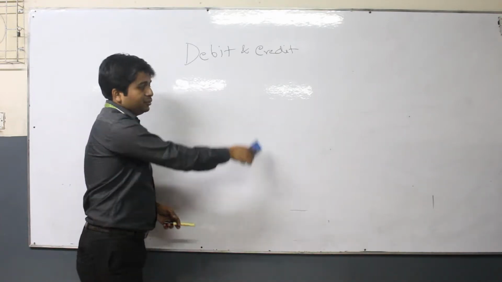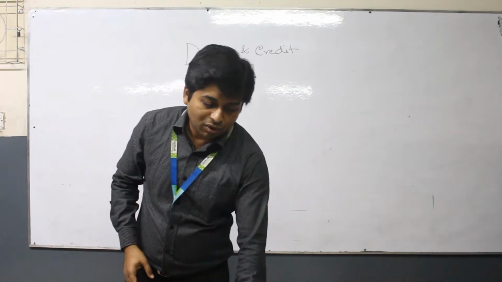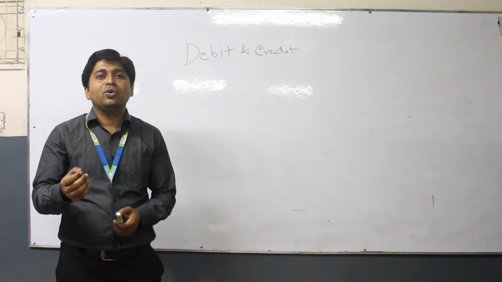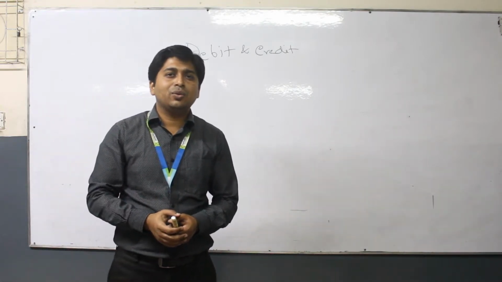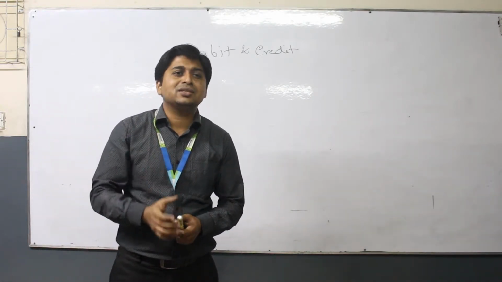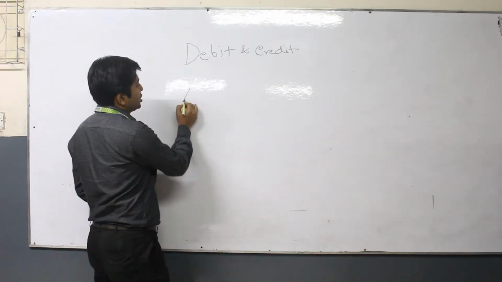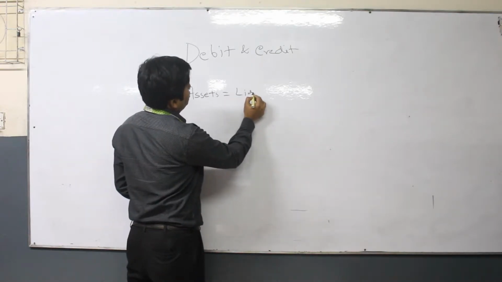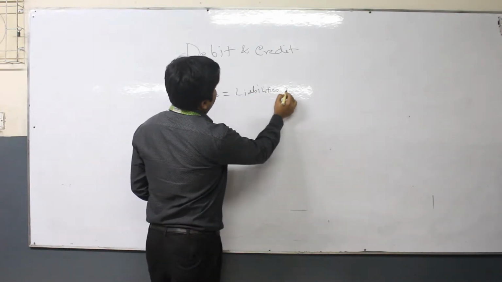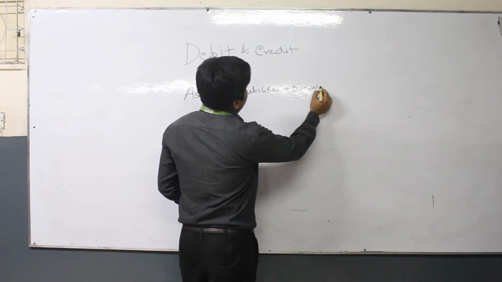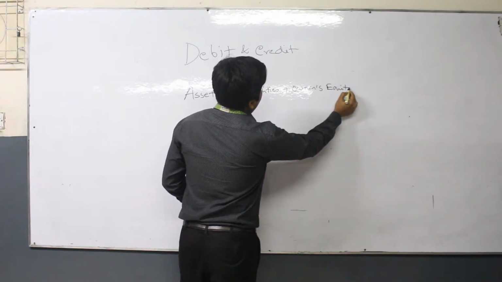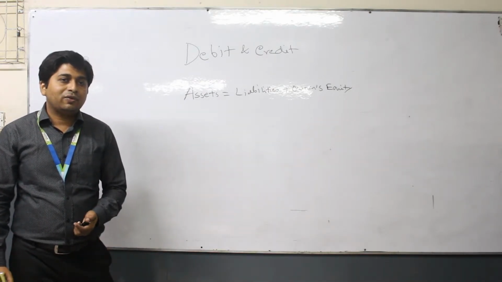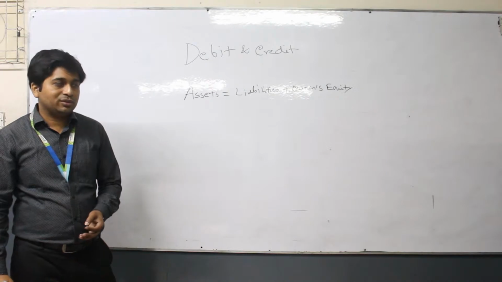In my point of view, this is not very difficult to understand if we know one thing, the accounting equation, which is the easiest thing to remember, as discussed in the last chapter: assets equal to liabilities plus owner's equity. If you know this accounting equation, you should not forget the debit credit procedure.